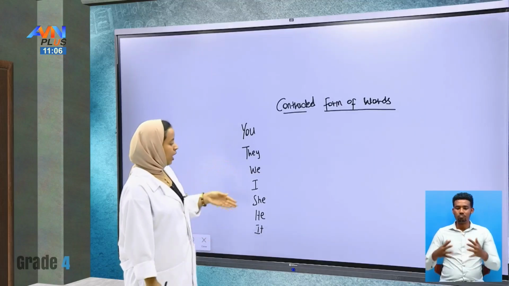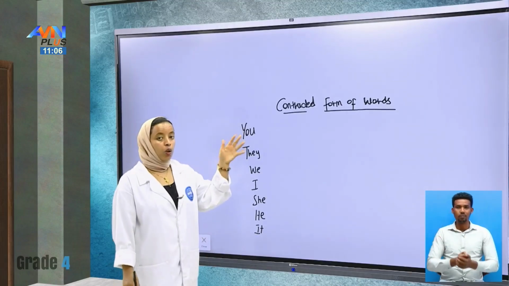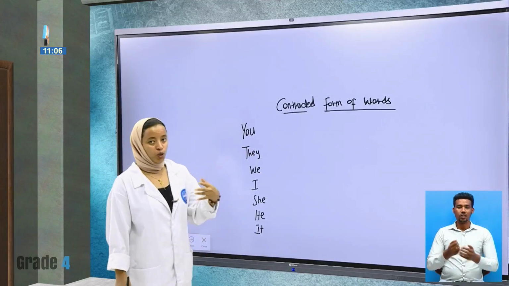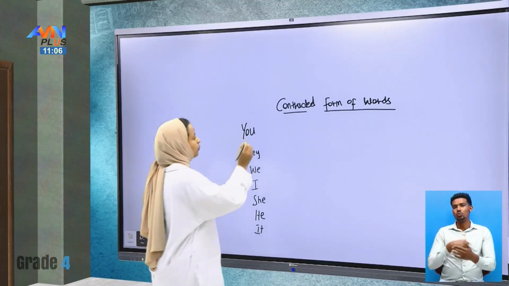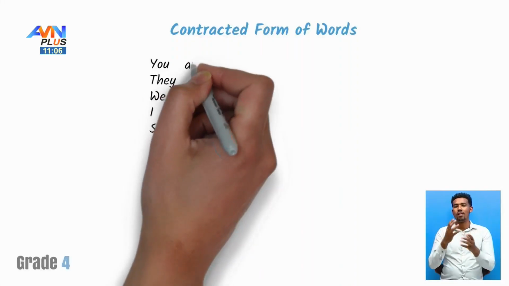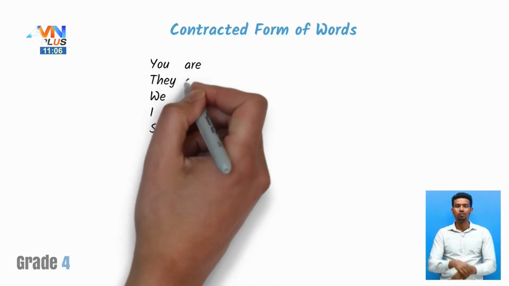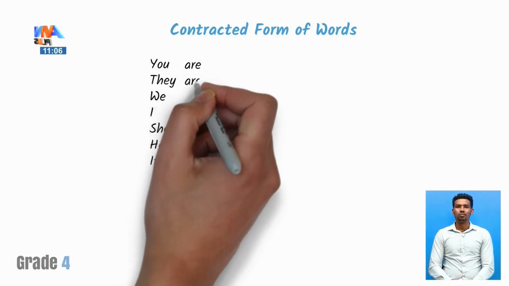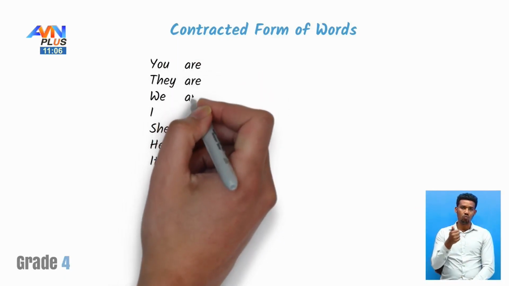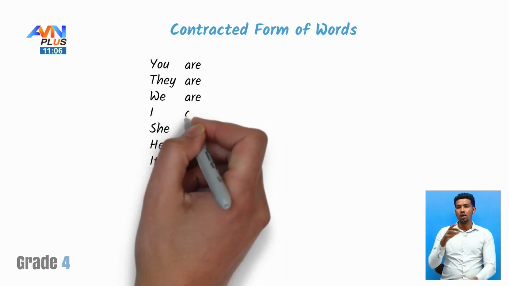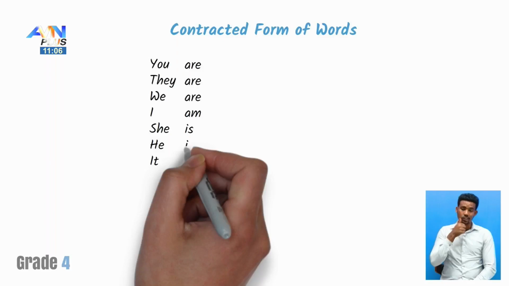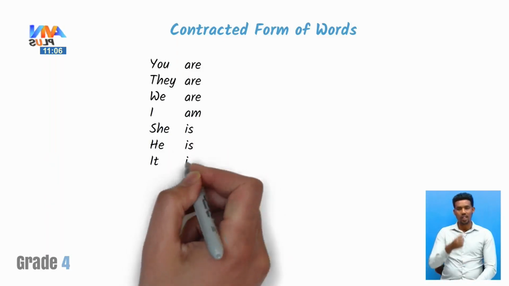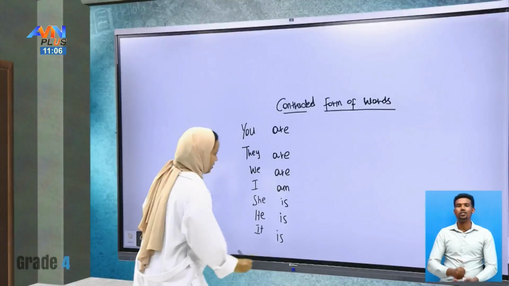The upper ones are called plural pronouns, so we are going to use plural verb to be. You are, they are, we are, I am, she is, he is, it is.